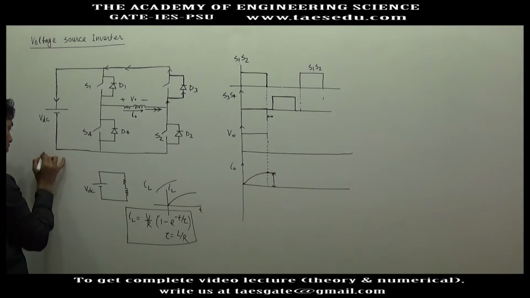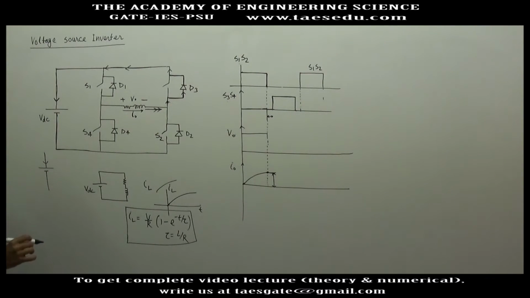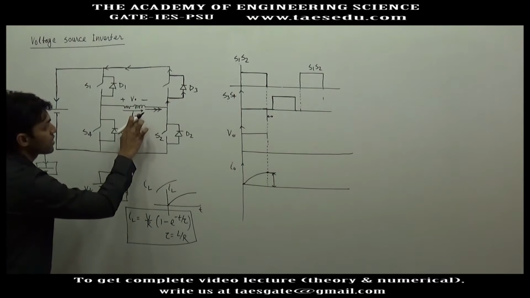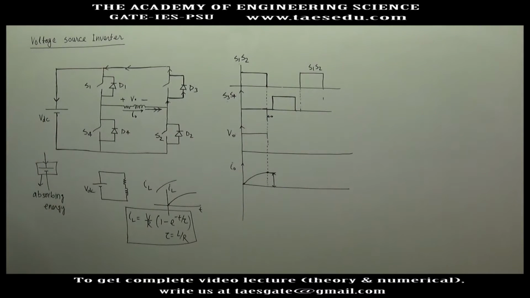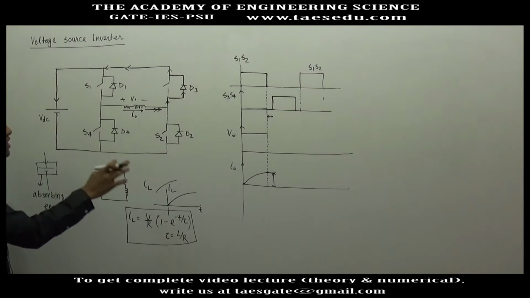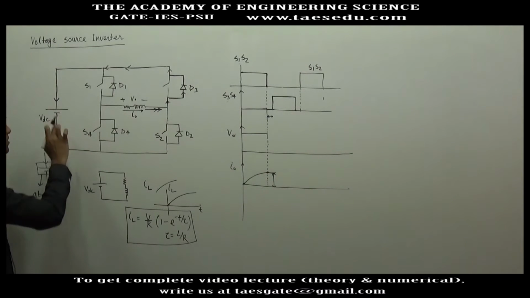If a current is entering the positive terminal of any source or any element, that element will absorb energy. In this case it is absorbing energy. And who is providing the energy? This inductor will be providing energy. The stored energy in the inductor will be dissipated in the resistance R, and some part of this energy will be absorbed in the source.